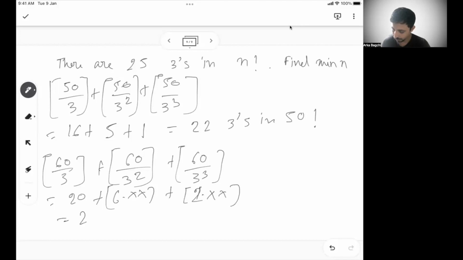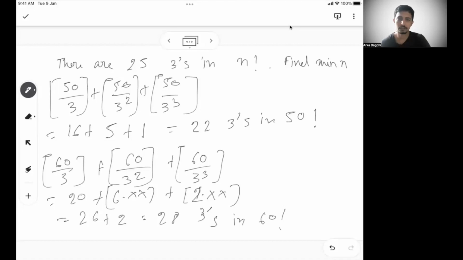So we get 26 plus 2, 28 threes in 60 factorial. So your answer should be somewhere between 50 and 60.